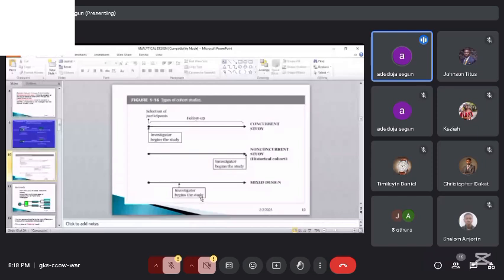We can also have both of them mixed, in such a way that we are trying to see maybe the effect of smoking and the development of cancer. Assuming that we are looking at 20 participants, we have 10 who have started smoking voluntarily, without anybody telling them to engage in smoking.